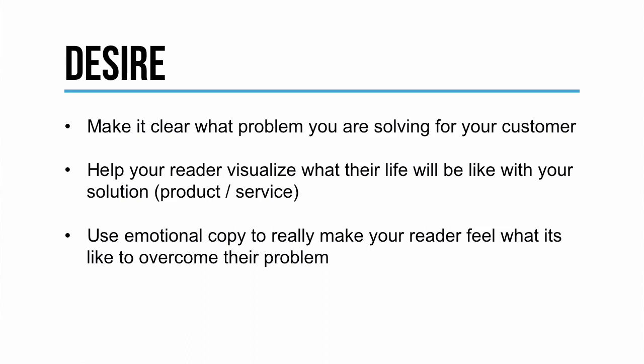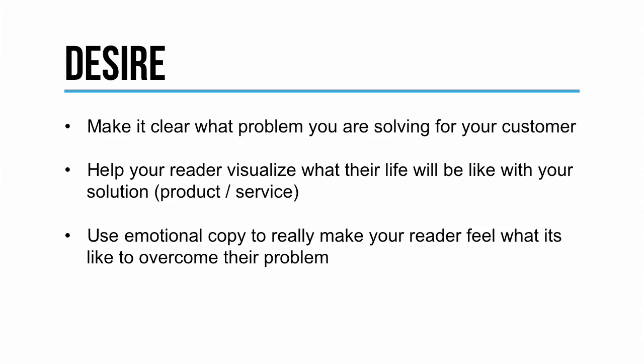That leads me to a really important point, which is the difference between appealing to someone's emotions and appealing to someone's logic. You've probably heard or experienced yourself that appealing to someone's emotions can be very powerful, and that's really true. But it's also really important that we appeal to their logic, because that's how people justify their decisions.